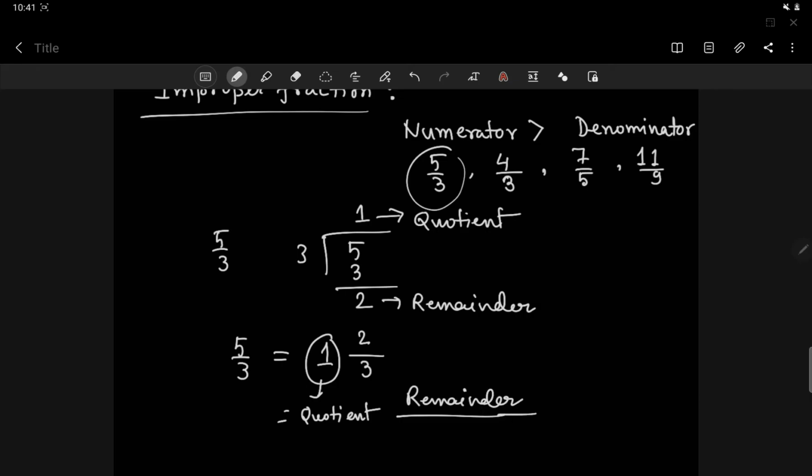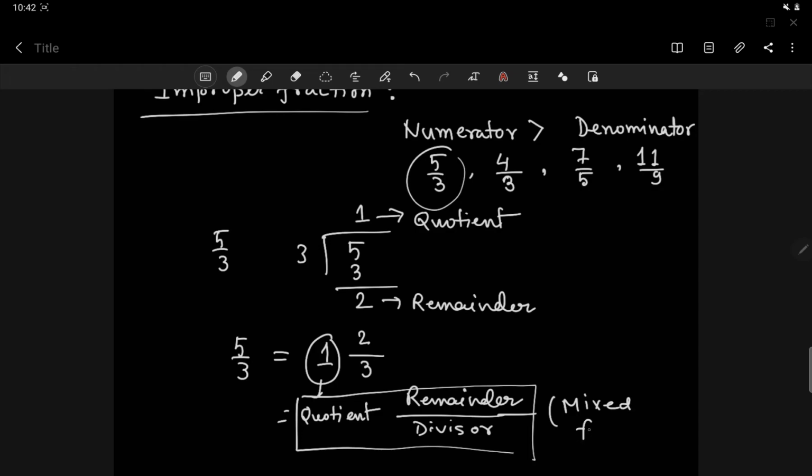Above the dividing line, and below the dividing line you have to write the divisor. So when you are converting an improper fraction to a mixed fraction, you write it this way: quotient and remainder by divisor. This is called a mixed fraction.